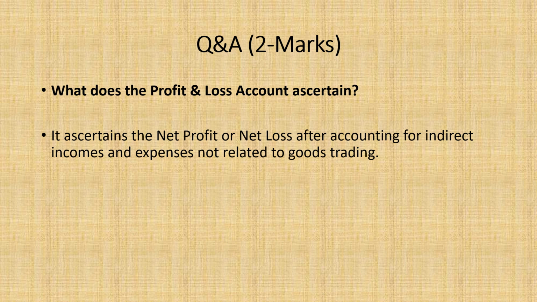What does the profit and loss account ascertain? Profit and loss account ascertains the net profit or net loss after accounting for indirect incomes and expenses not related to goods trading.